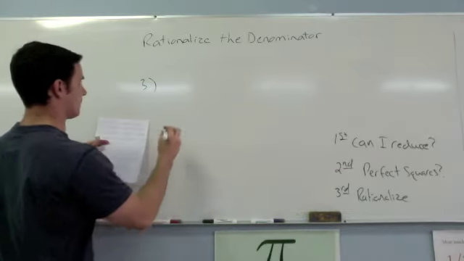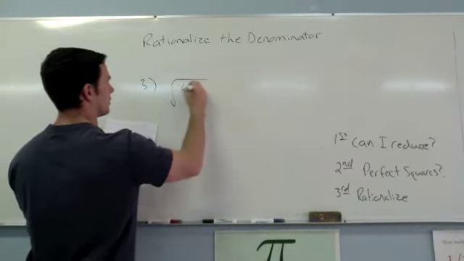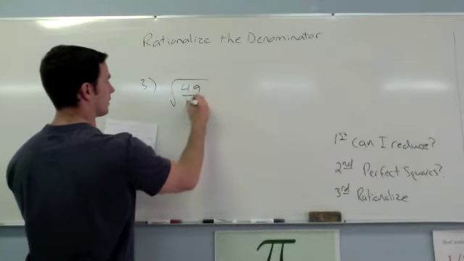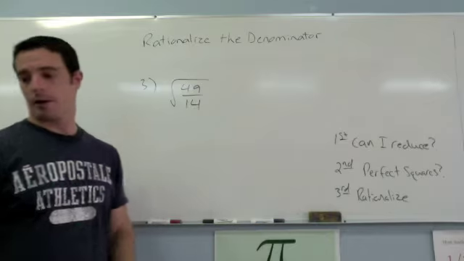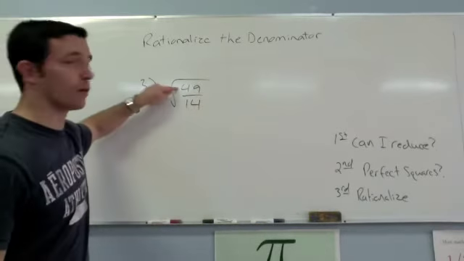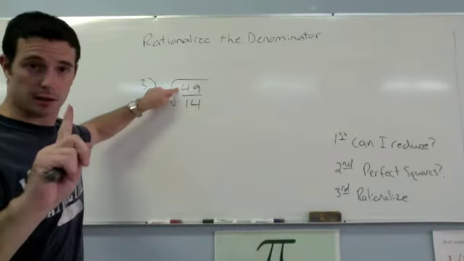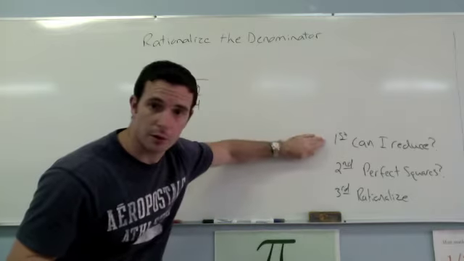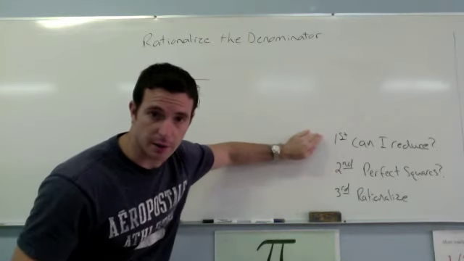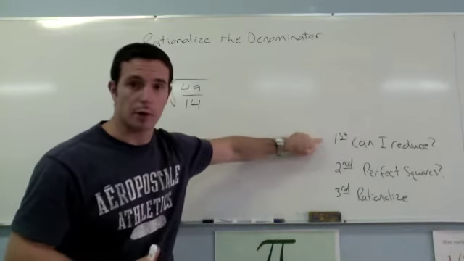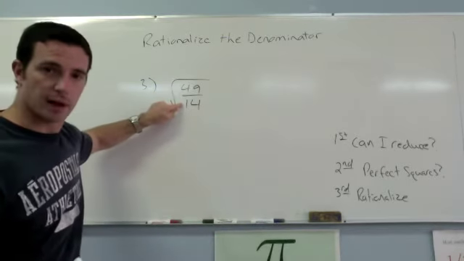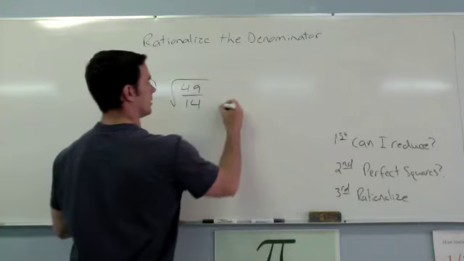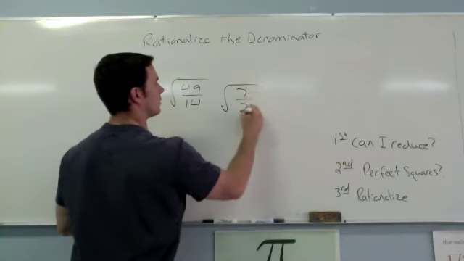Number 3. Square root of 49 over 14. Again, I understand 49 is a perfect square, but do this first and it will make it easier. Can we reduce? Yes, we can. Both of these can be divided by 7. This gives me the square root of 7 over 2.